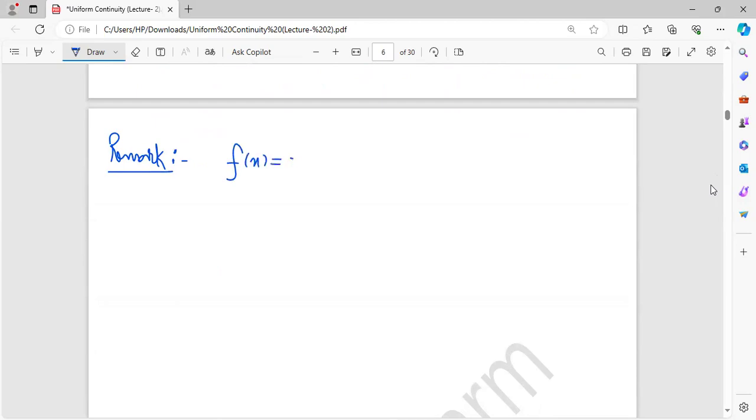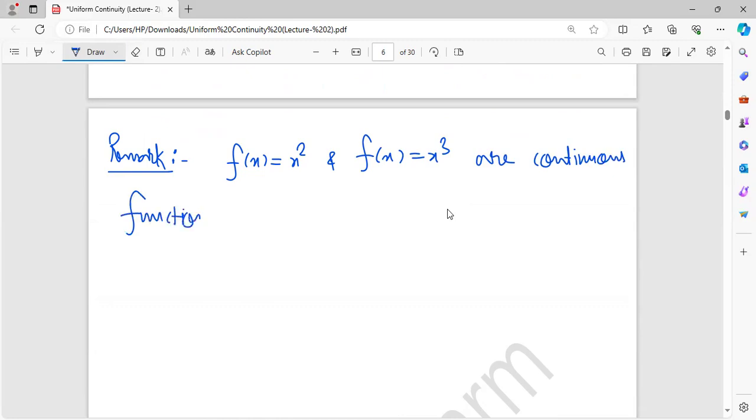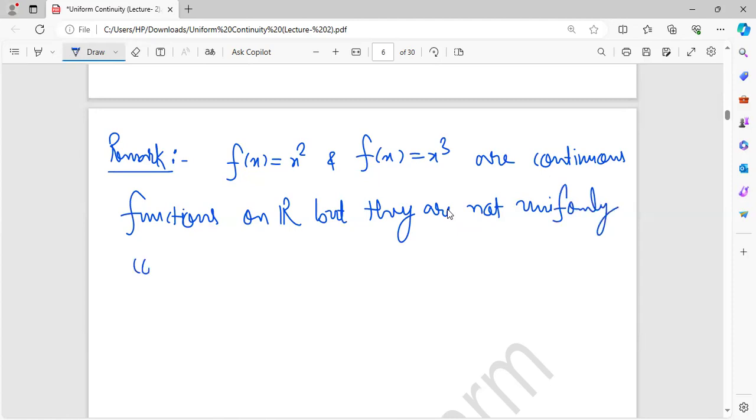f(x) equal to x square and f(x) equal to x cube are continuous functions on R, but they are not uniformly continuous on R. Okay.